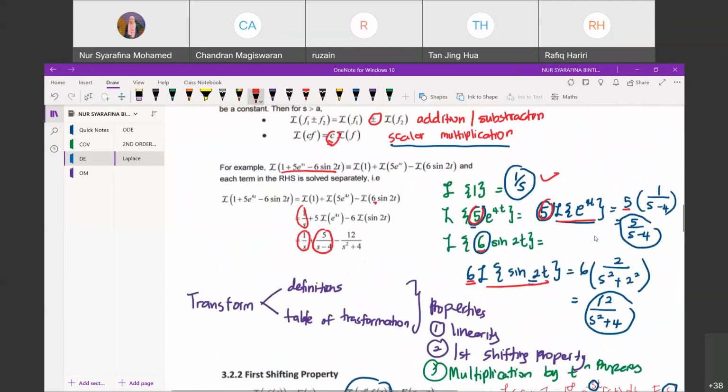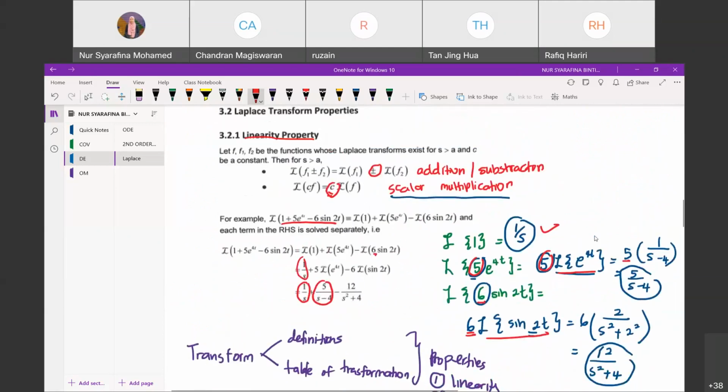Now here a is 2. So sin at equals a over s squared plus a squared, with a equal to 2, so the numerator is also 2. Once you obtain the transform of sin 2t, just multiply it by the 6 outside.